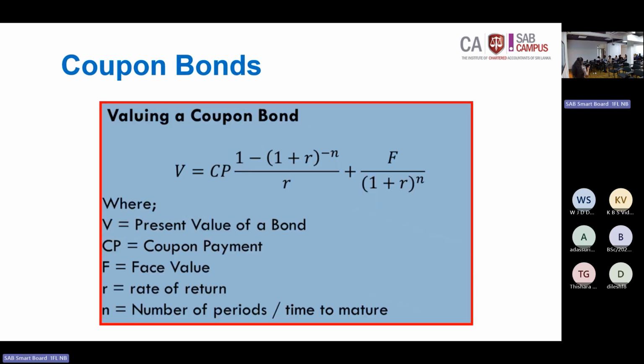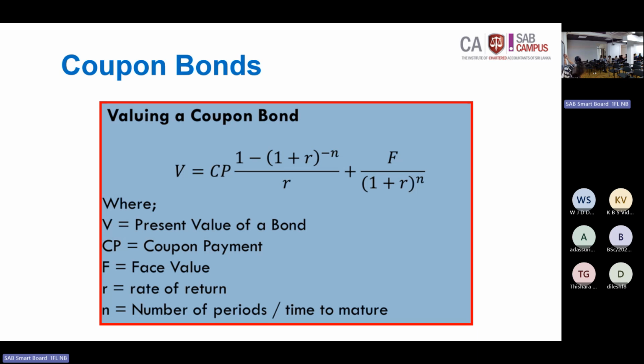Now, if it is a coupon bond, again we have two cash flows. That means the value of the bond equals the present value of the coupon payments plus the present value of the face value or redemption price.